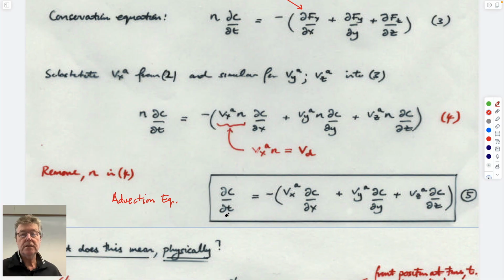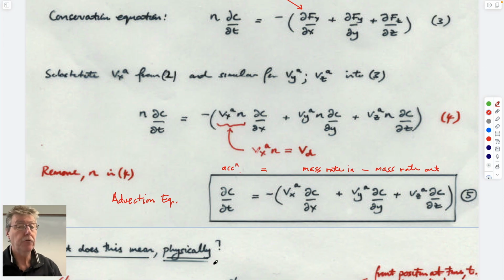Which says how quickly stuff is carried downstream if it's only moved with the bulk motion of the velocity of the water. And the velocity is going in the x direction, y direction, and z direction at these advective velocities. This again is mass rate in minus mass rate out equals accumulation.